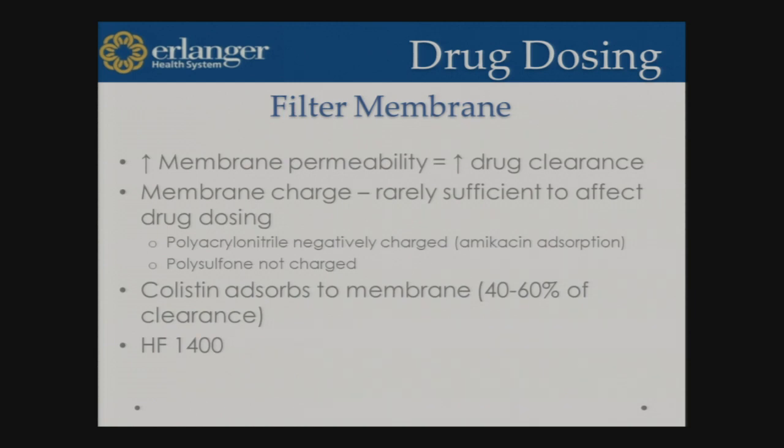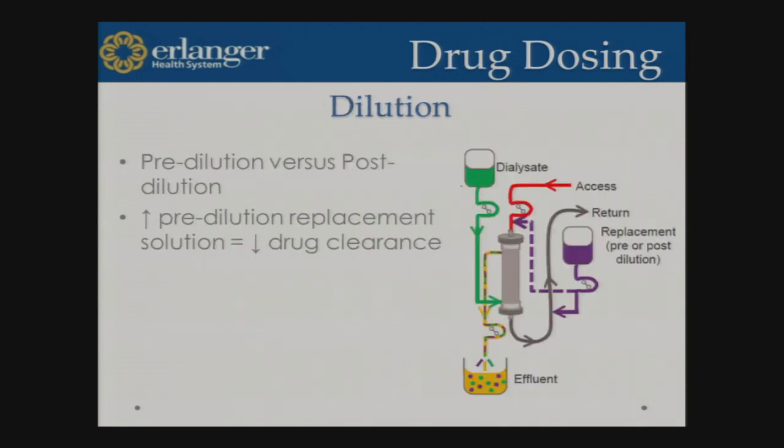We have a polysulfone filter, and it's not charged at all. The only thing I will point out, and Kyle's probably the only one that cares about this, is colistin does absorb to the membranes. About 40 to 60% of its clearance is because of membrane absorption. HF 1400 is the filter that we use, in case anybody is curious.